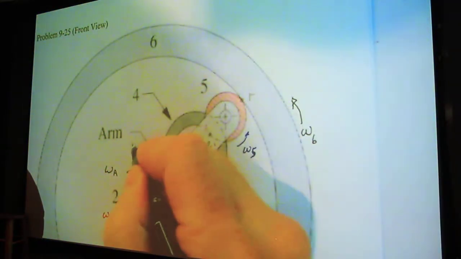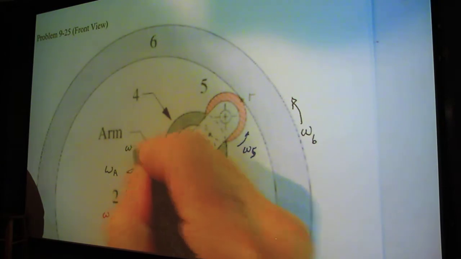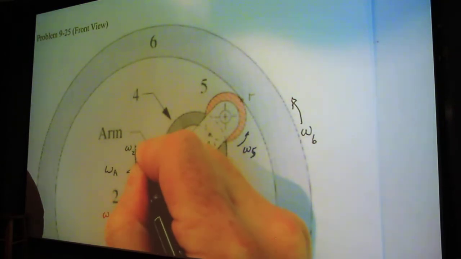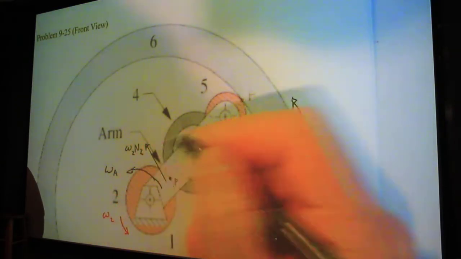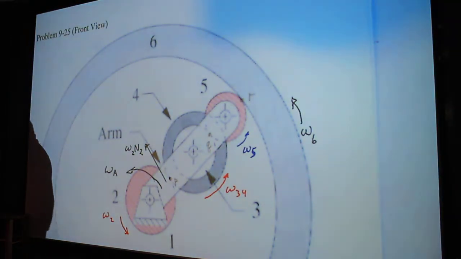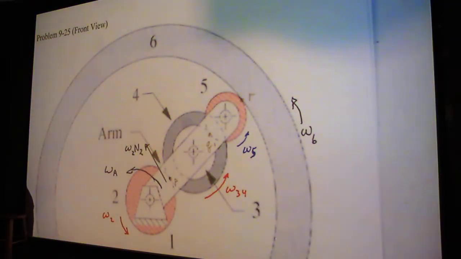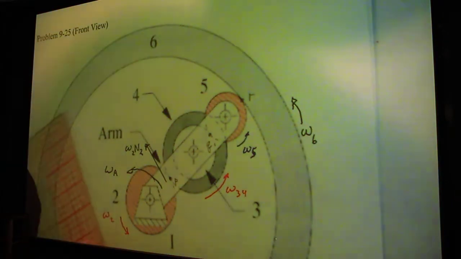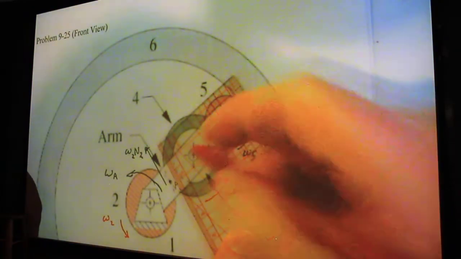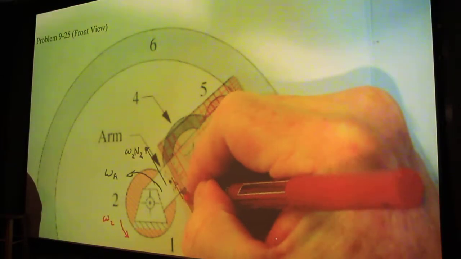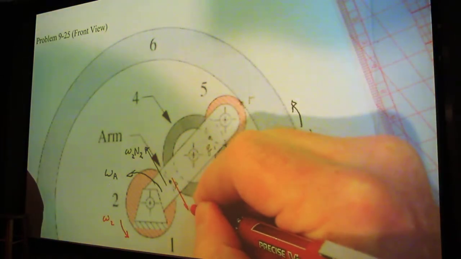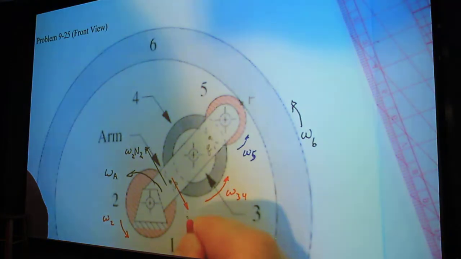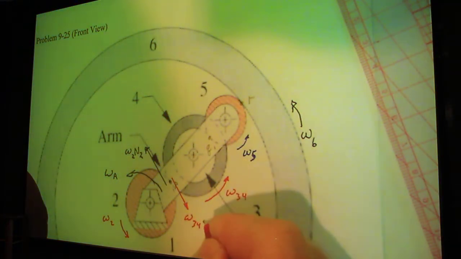And let me write it in terms of my gear tooth count. So that is omega 2 n2. Then if I step over on the other side here, I have on this side omega 3/4 times n4.